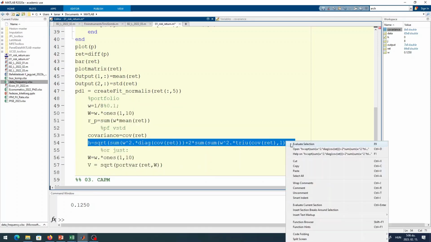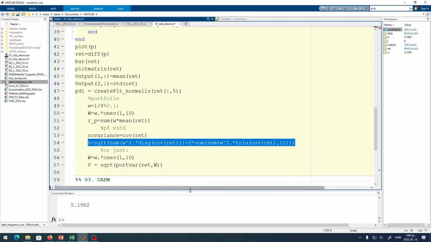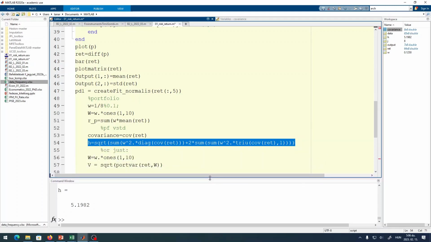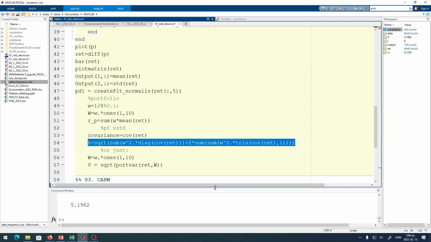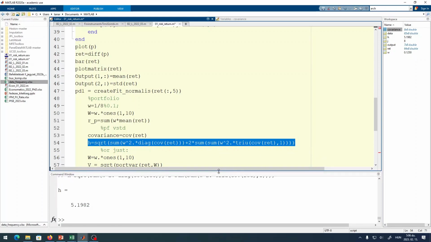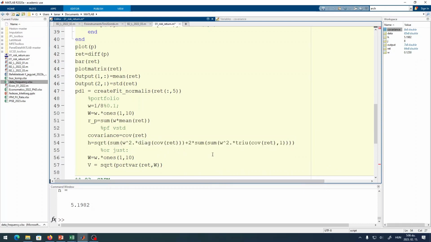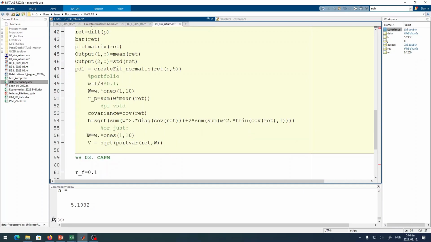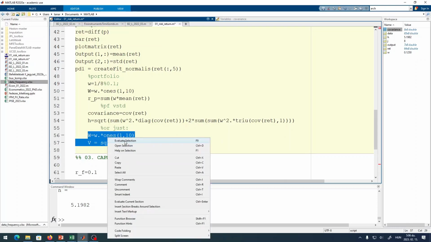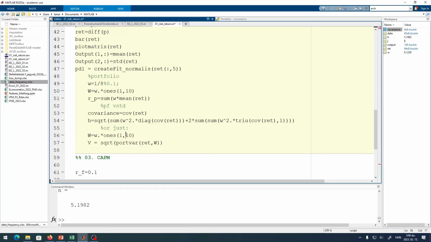Okay, so now we can see that the standard deviation of this portfolio is 5.2 because I did not use the logarithm in the proper places. And yeah, it's 8 instead of 10.